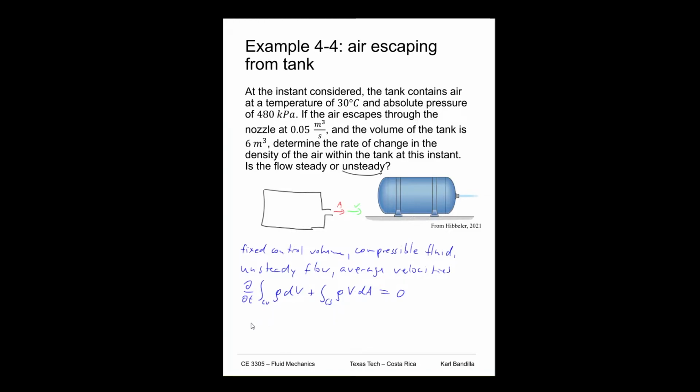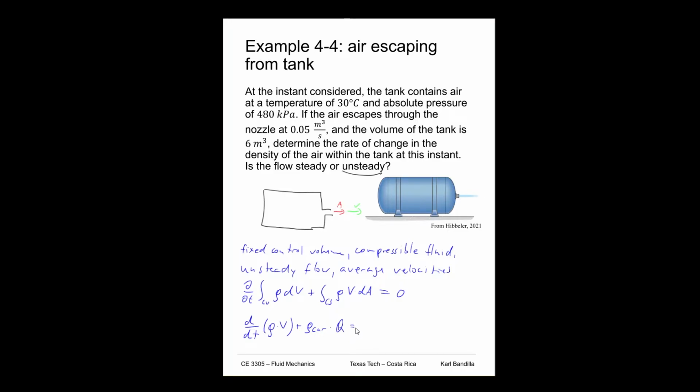The density is in here, so we have to leave that in. But we have a fixed control volume, so we don't have to do any integration. We can just write directly d/dt of rho times the volume plus the flow that's coming out, which is going to be whatever the flow at that specific time is: the current rho times the outflow.